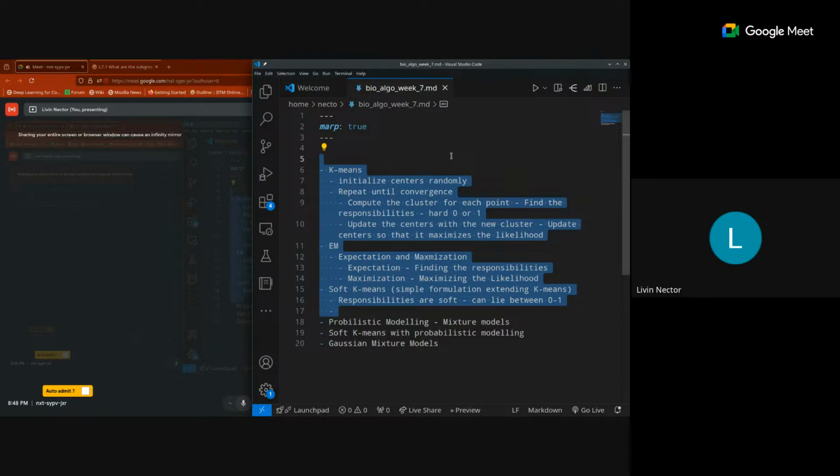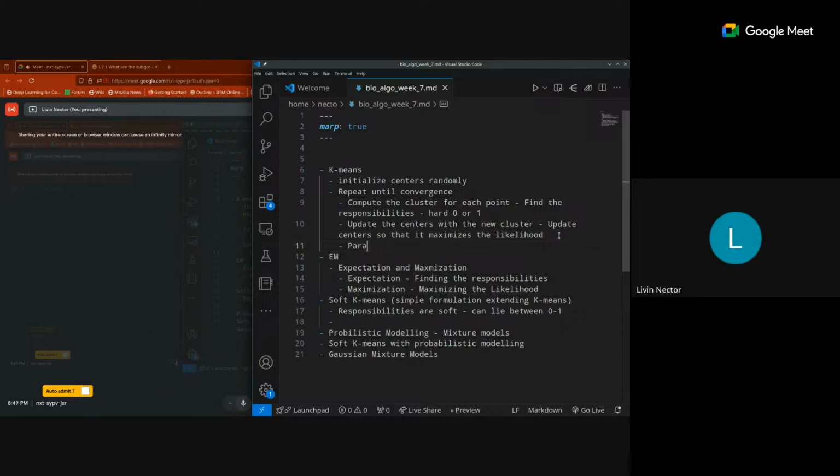So here what we are updating is the mean. We are maximizing, updating the mean of the clusters, that is the centers, so that it maximizes the likelihood. So here the parameter being updated is the mean of clusters.